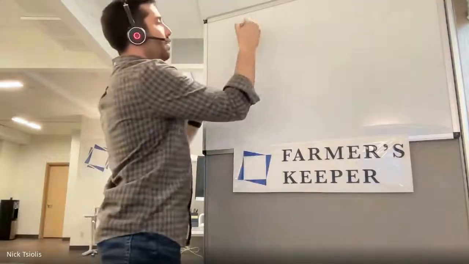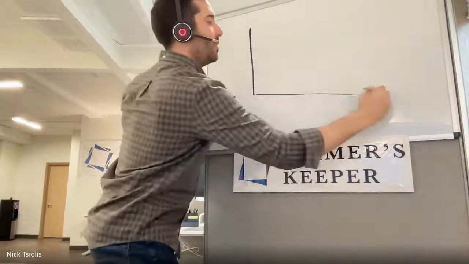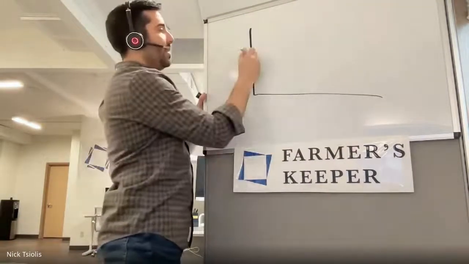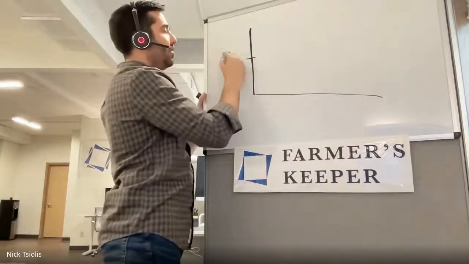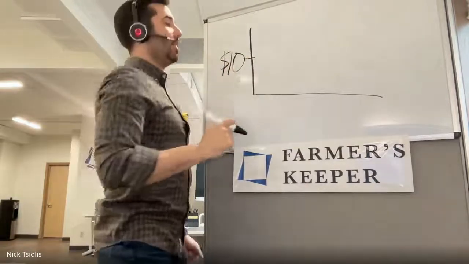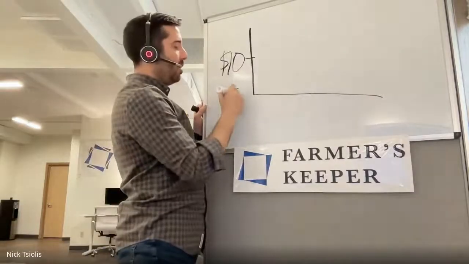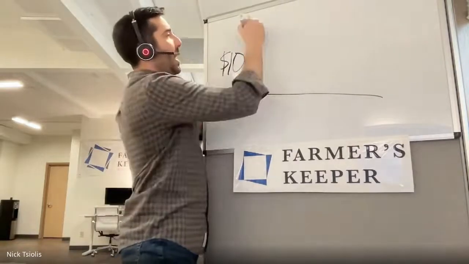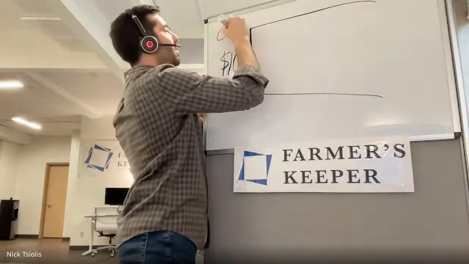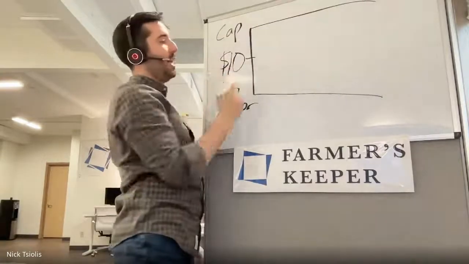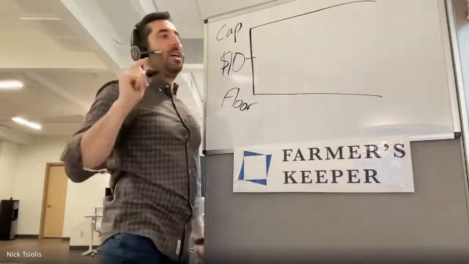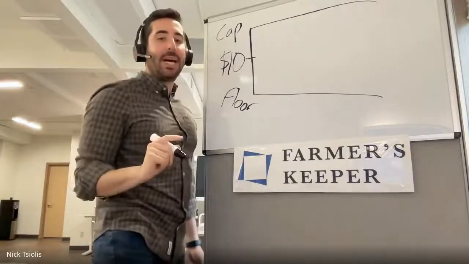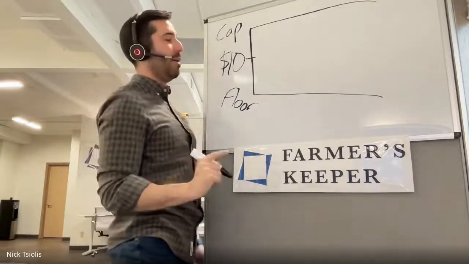So, collar. Let's say the market right now is at $10. What Marshall is asking is, will my floor and my cap be equidistant from $10? And the answer is usually not. It depends on where option premiums are in the market.